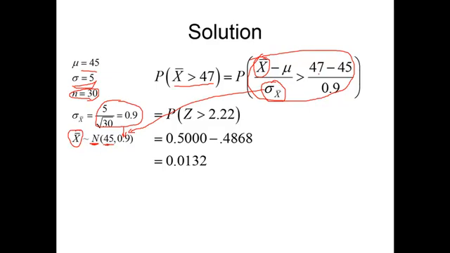So we got 47 minus 45 over 0.9. This is 2.22. It's a tail, so it's 0.5 minus the table lookup for 2.22, which is 0.4868, and so our answer is 0.132.